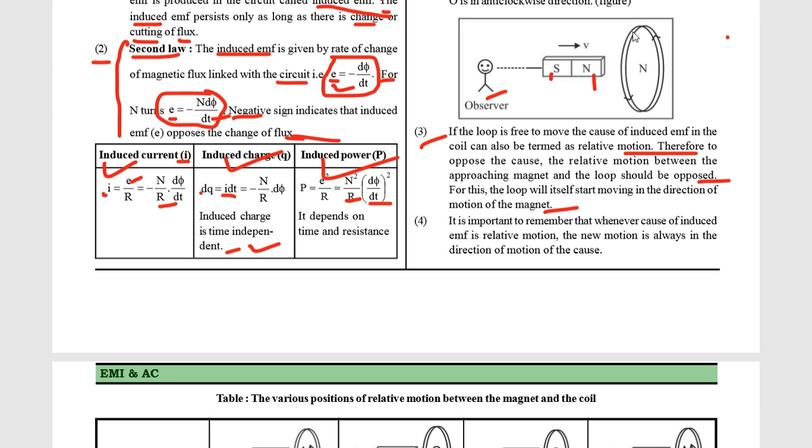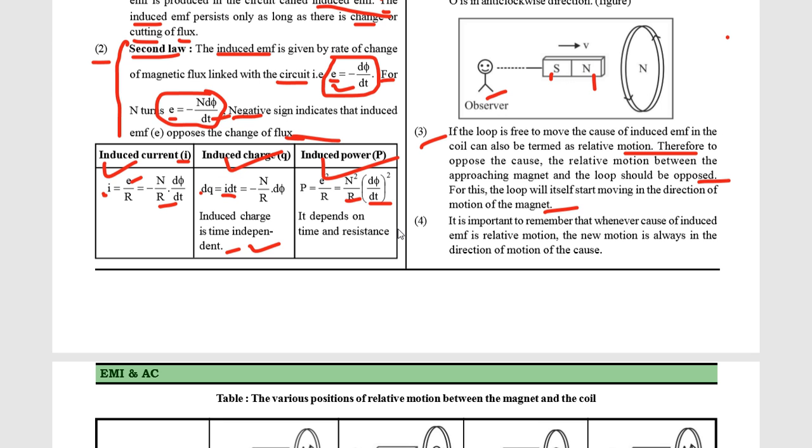So if you free this loop, it must move in the same direction as the motion of this magnet to oppose the change in flux passing through this loop, because this is Lenz's law. Lenz's law says that the direction of induced EMF or current is such that it always opposes the cause by which magnetic flux is changing, or you can say the relative motion between the bar magnet and this closed loop.